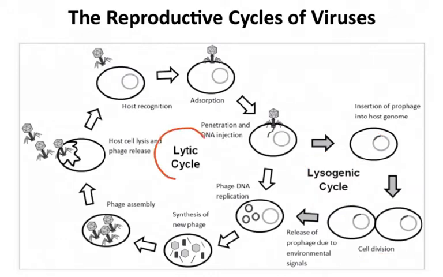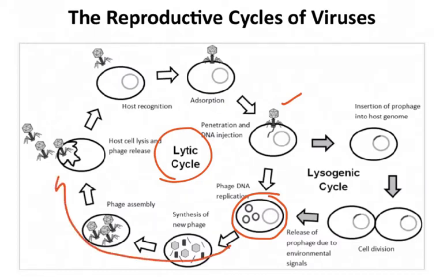And in the lytic cycle, the virus here is injecting its genetic material into the bacterial host and actually turning the bacterial cell into a viral factory until those viruses hatch out, destroying the bacterial host, and they'll look for a new host to invade.